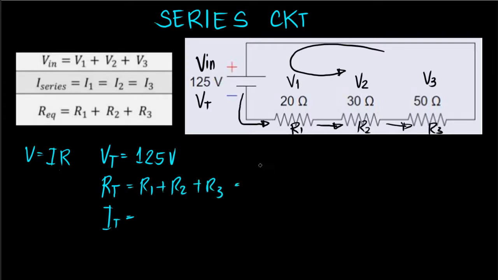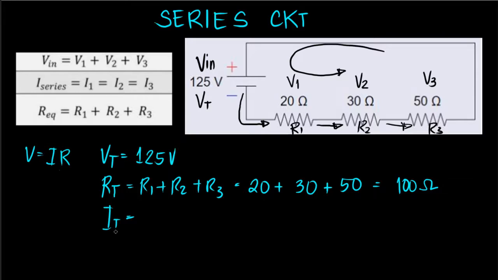R1 is 20, R2 is 30, R3 is 50 ohms. Therefore, 50 plus 30 is 80, plus 20 is 100 ohms.